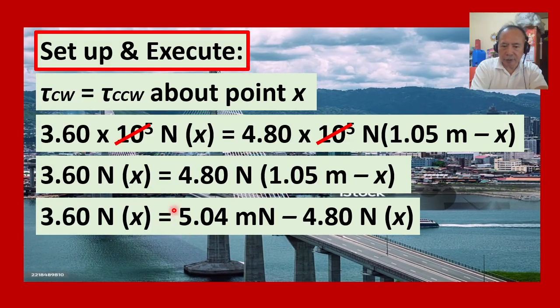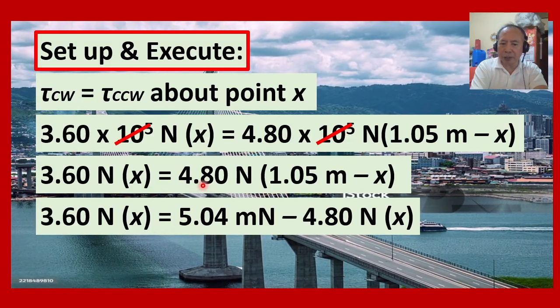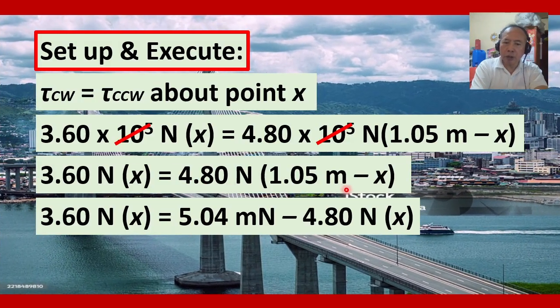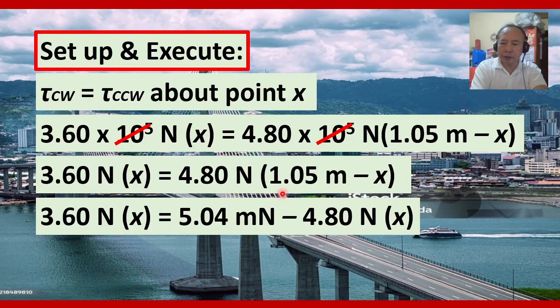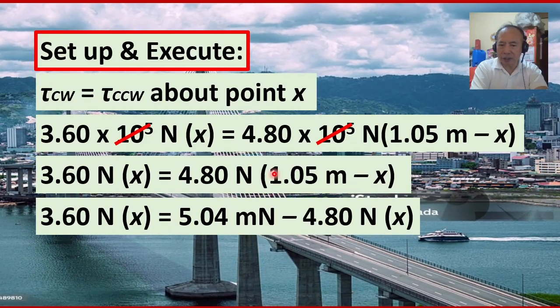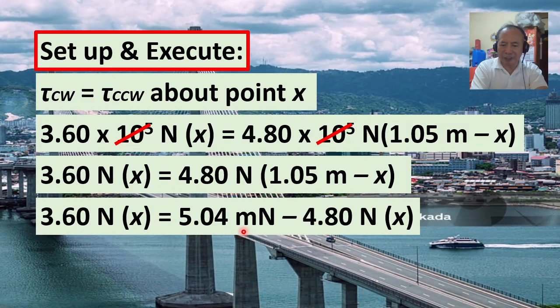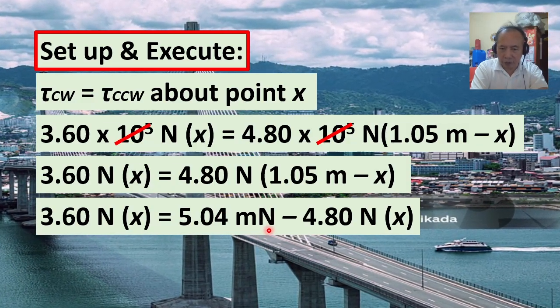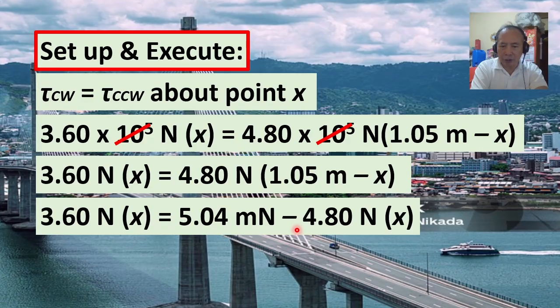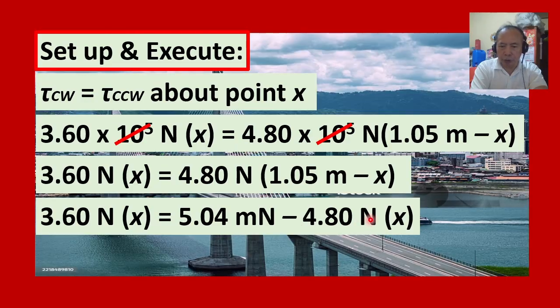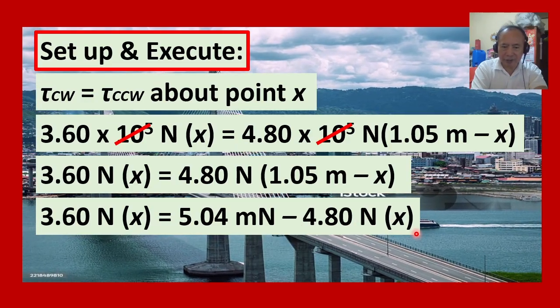And distributing 4.80 Newton to our terms inside the parentheses, we get 5.04 meter Newton, minus 4.80 Newton times x.